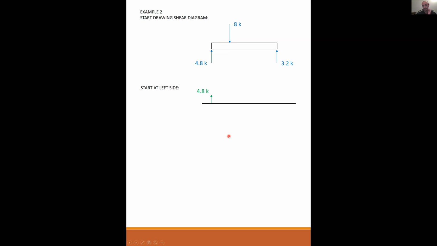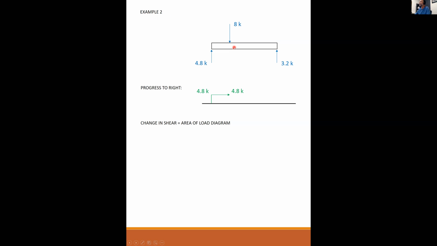Okay, so for everybody's sake, the change of the shear diagram is equal to the area of the load diagram. The area of the load diagram is 0, so the change in shear is 0. The shear remains constant. There is no change until we get to the 8 kips. Now, what is the change in the load diagram?